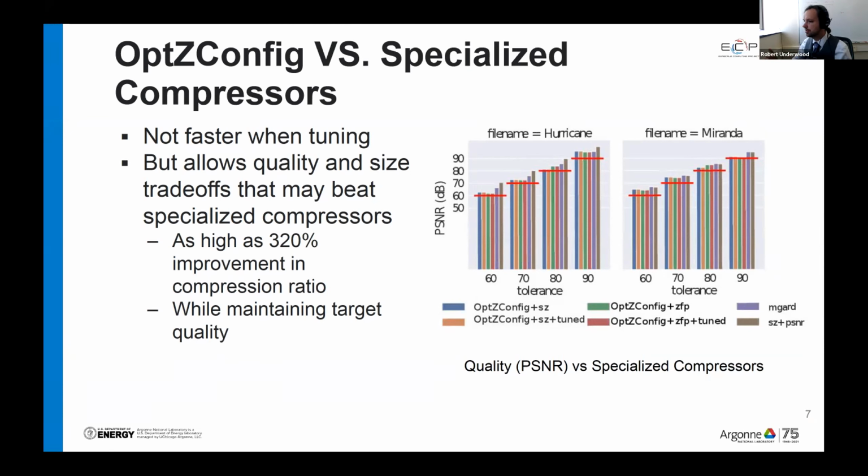And because we are able to get much closer to the target than what other potential approaches were able to achieve, we can potentially get a substantial improvement in the compression ratio by getting much closer to the target and allowing the compressor to introduce more errors still within the bound of what's acceptable.